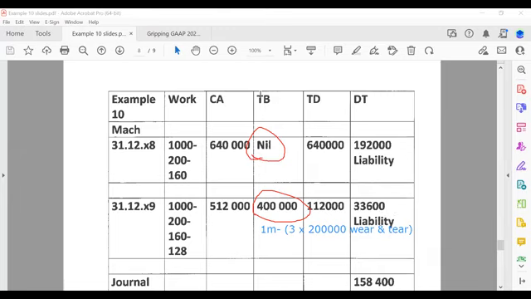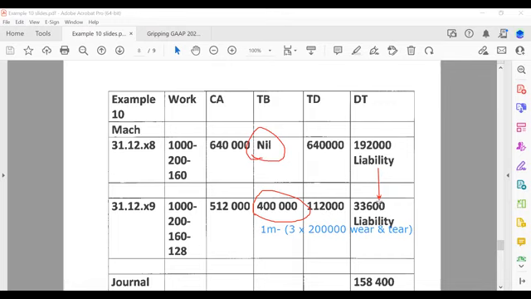So we need to now reduce our deferred tax from 192 down to 33,600. If we are reducing a liability, what do we do to that liability?